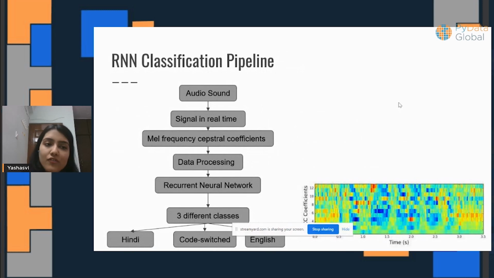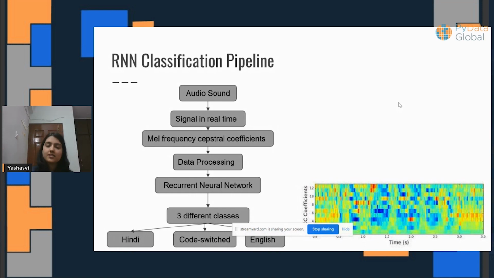Here is a pipeline of the RNN classification. First, the audio sound that was taken into account, the different samples that we have, each 10-second sample in .wav format. Then the signal in real time, the signal graphs were extracted. After that, the MEL frequency cepstral coefficients were calculated using NumPy, and then the data preprocessing was done.